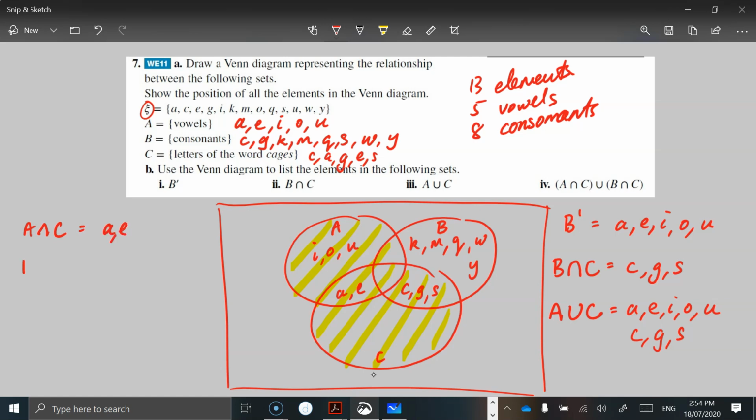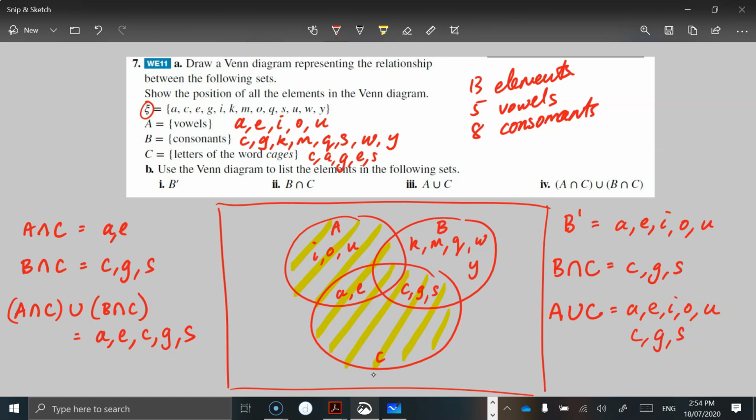The intersection of B and C is C, G, and S. So that means the union of both sets, the combination of both sets, is going to be all of those 5 elements, A, E, C, G, and S.